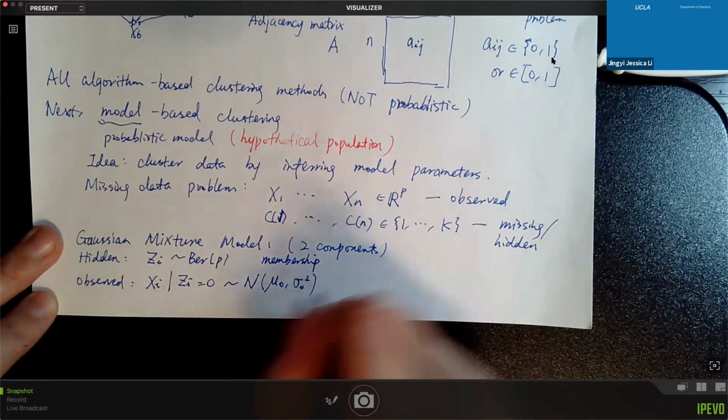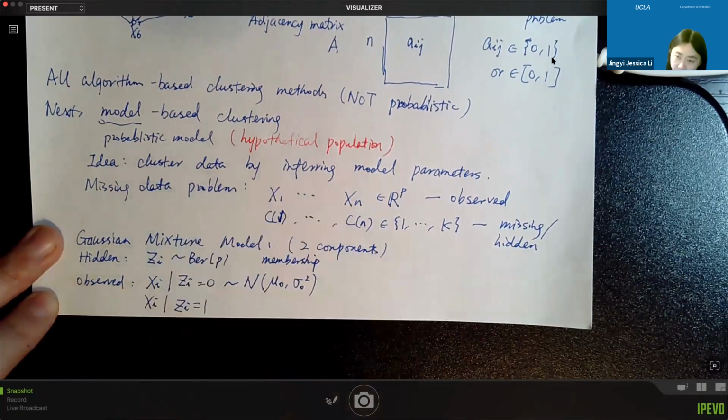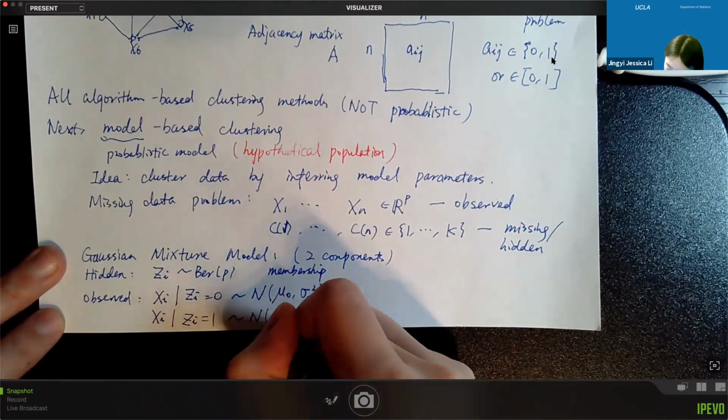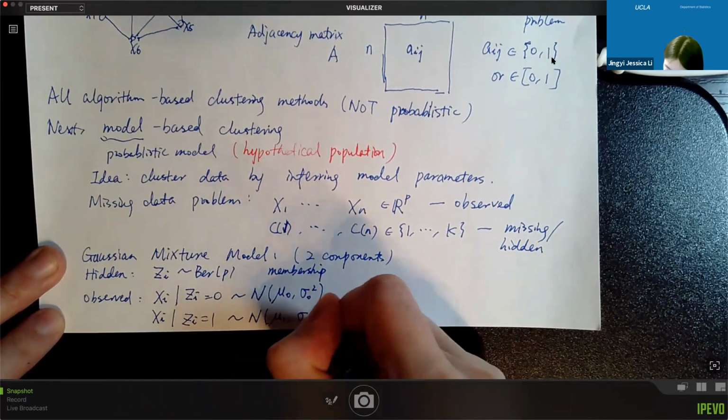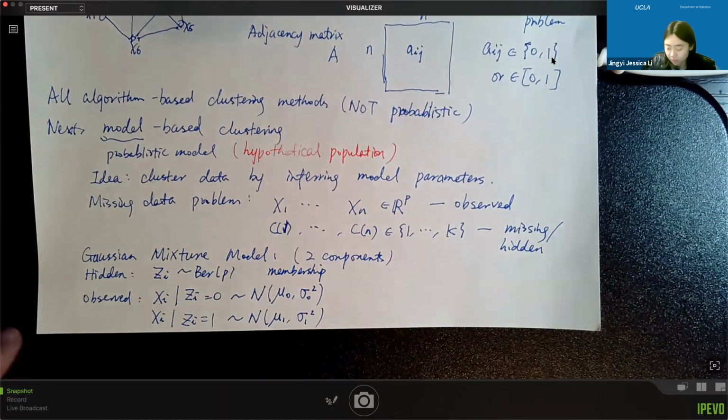When zi equals 1, we sample it from a different normal distribution with mean mu1 and variance sigma1 squared. This is what we call the Gaussian mixture model. So you see it's a two-step model. In the first step, we draw zi. In the second step, we draw xi.